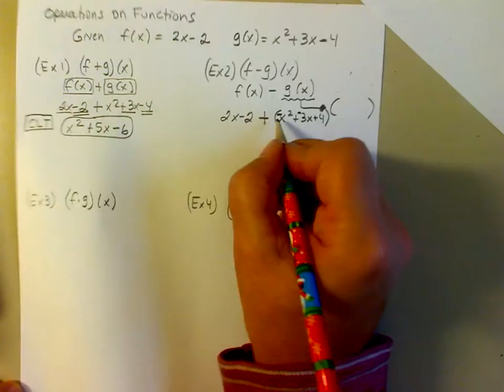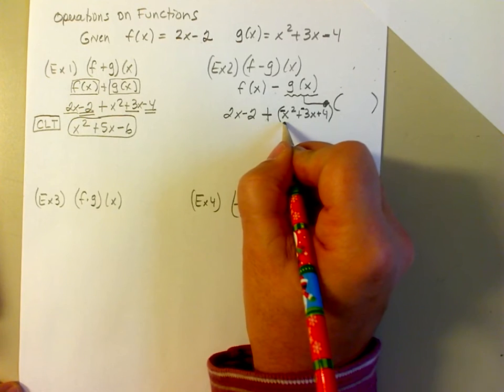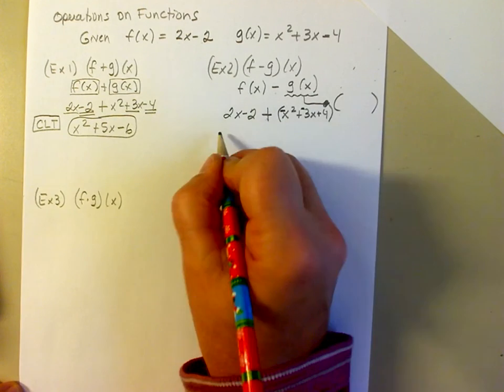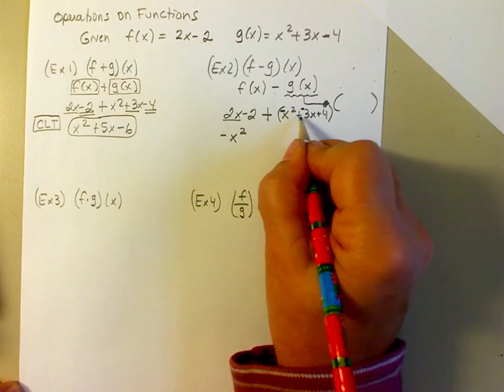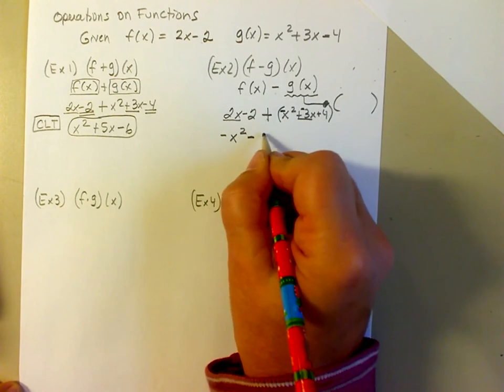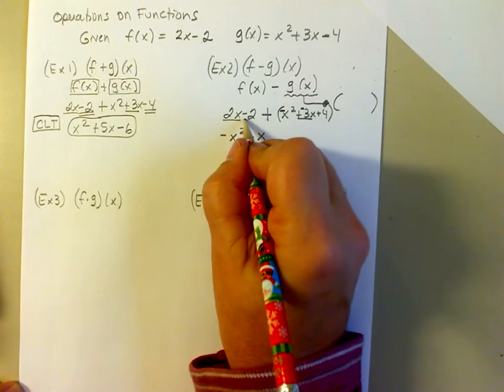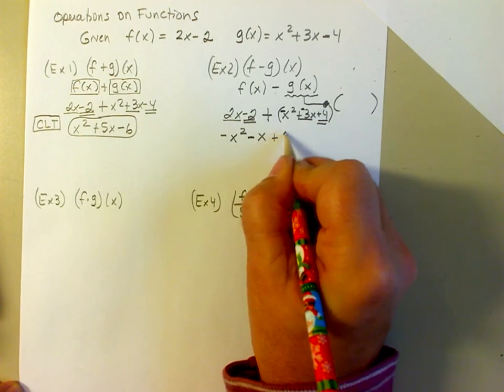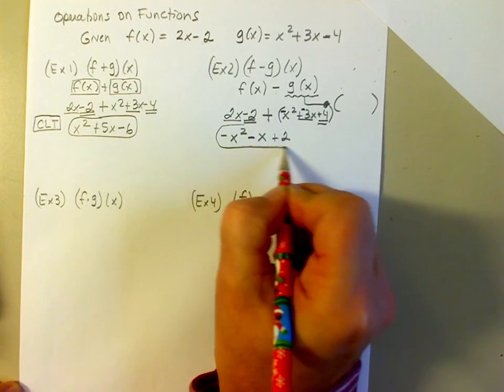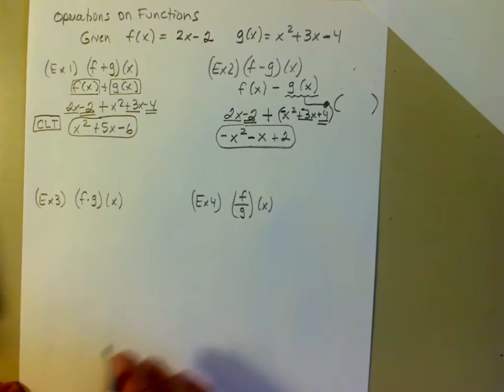Okay? So now again, we're going to combine the resulting like terms. Negative x squared. 2x minus 3x is a negative x. And then negative 2 plus 4 is a positive 2. The resulting function, again, is in a quadratic form.